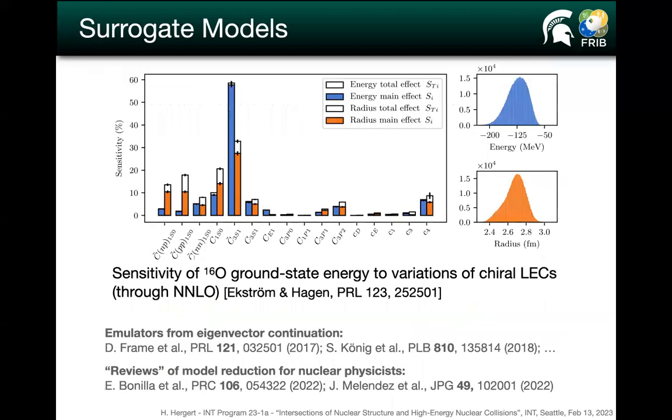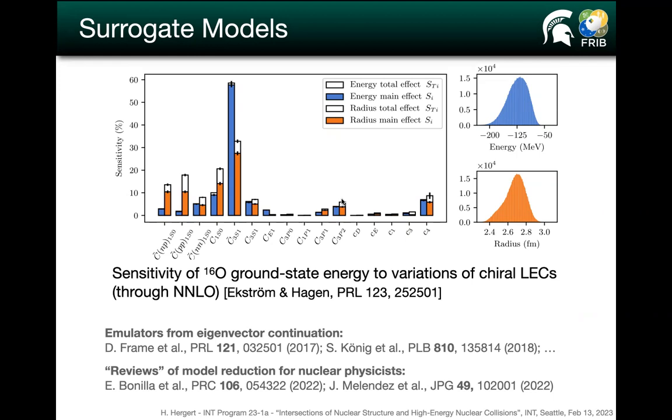I just wanted to flash that very nice result by Gaute and Andreas Ekström, where they did ground state calculations of oxygen-16 in coupled cluster and analyzed the impact of varying the LECs of the chiral Hamiltonian on the ground state energy observable. This was made possible by the availability of surrogate models, very cheap emulators. So they could run millions of calculations on a laptop essentially, instead of using HPC resources.